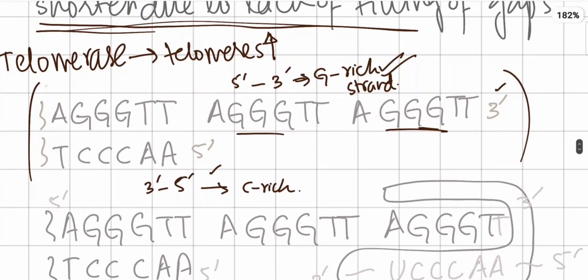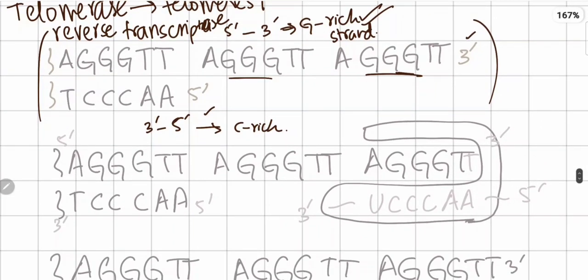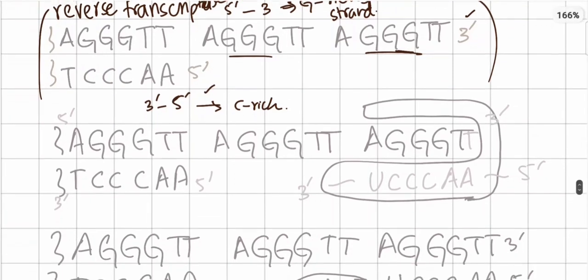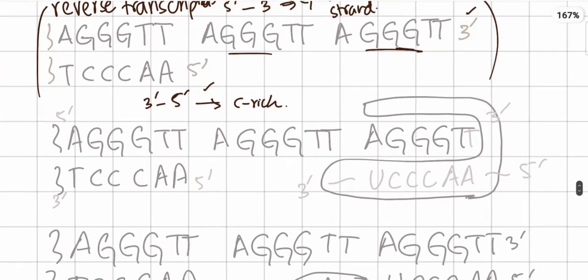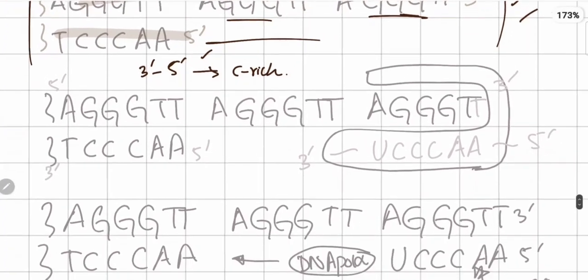So I write it here for you: reverse transcriptase. These reverse transcriptase enzymes are essentially the same class of enzymes as you have in the HIV AIDS virus. Now, how does it work? We see this is our normal telomere strands.